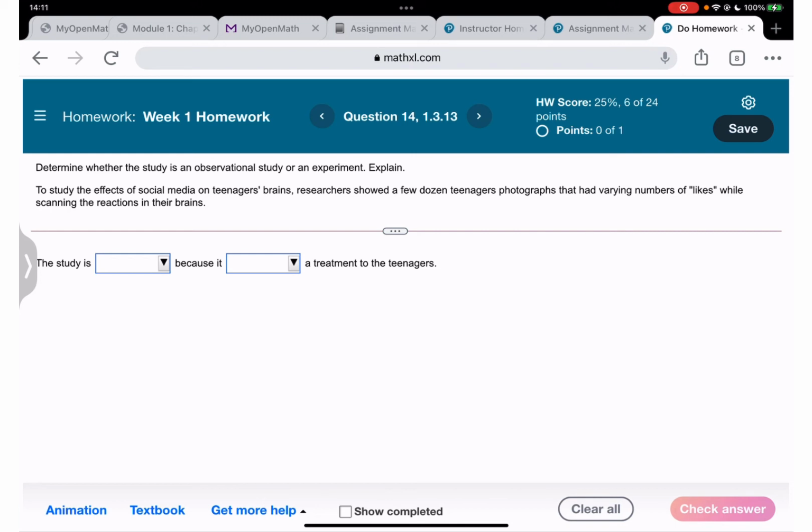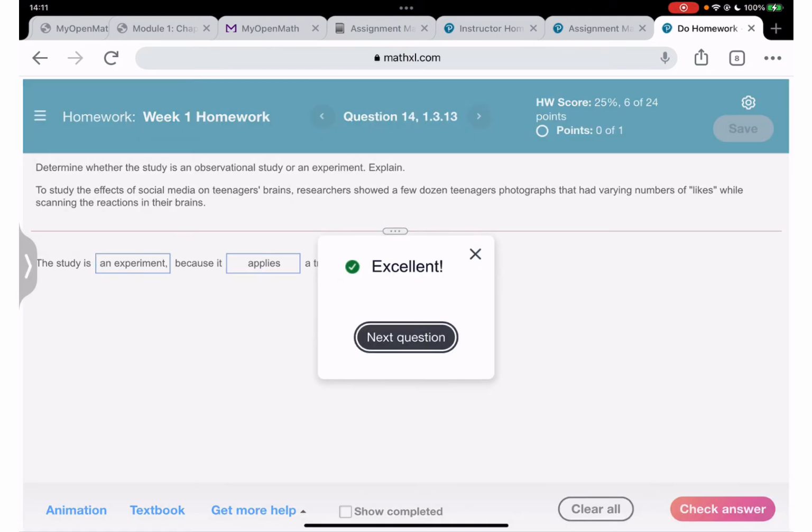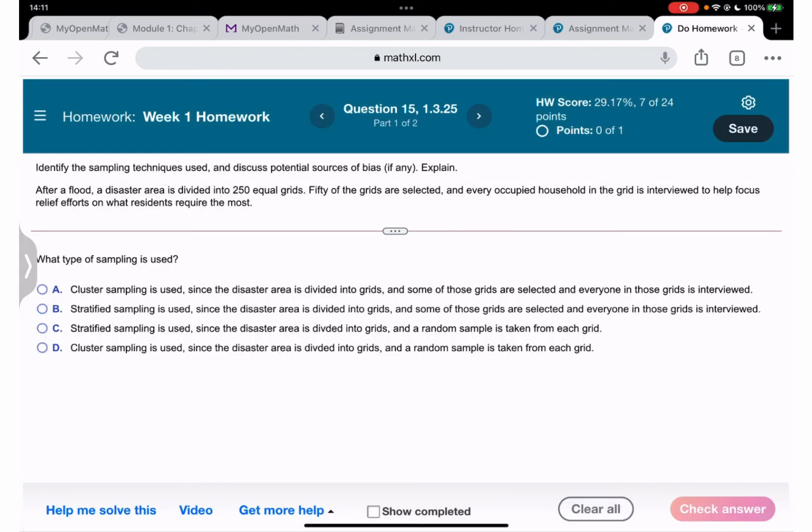So it was an experiment, right? Because of the varying numbers of likes. So this is an experiment because they are testing the teenagers' brains. It applies a treatment to the teenagers. Excellent.